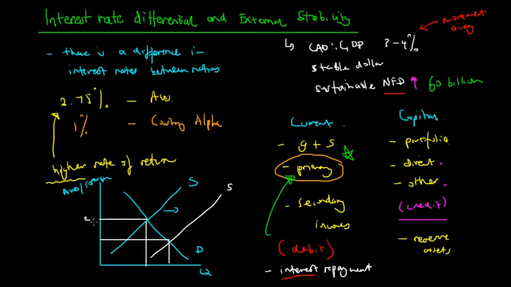So the equilibrium rate will decrease from exchange rate 1 to exchange rate 2 over time. So the stable dollar would then be compromised because of our higher net foreign debt. But the primary effects on external stability are on the current account deficit and the net foreign debt that would be accrued given a higher current account deficit due to this interest rate differential.